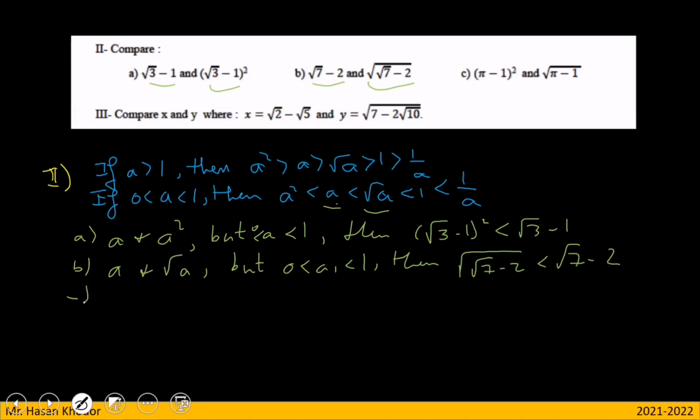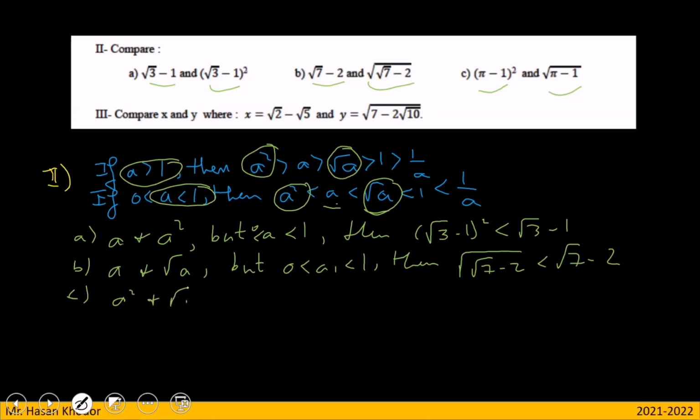In part C, as you see, ladies and gentlemen, we have a square and radical a. Which is stronger? It depends on a, whether it's greater than 1 or less than 1. In fact, a here is pi minus 1, approximately 2.14.